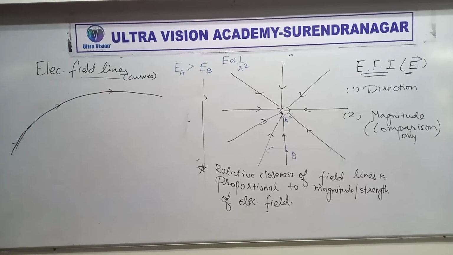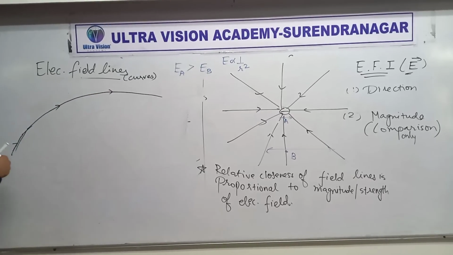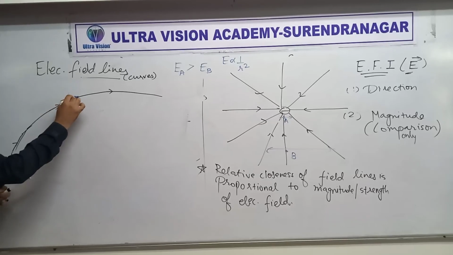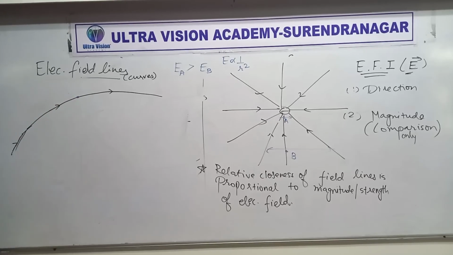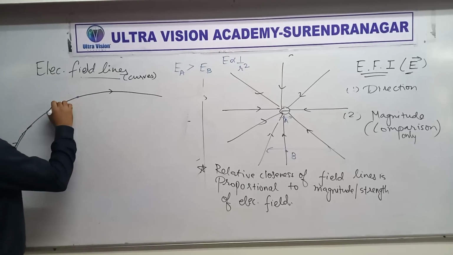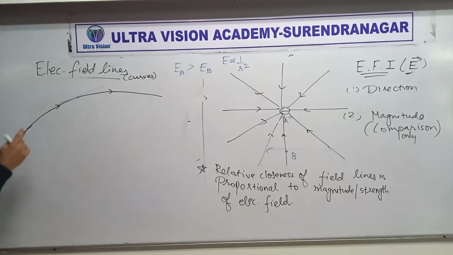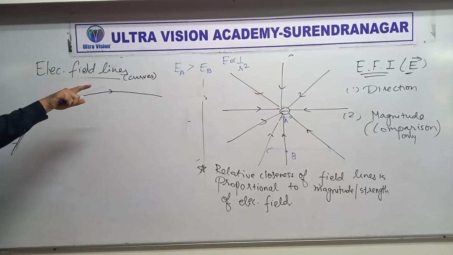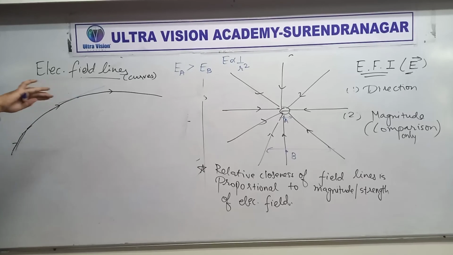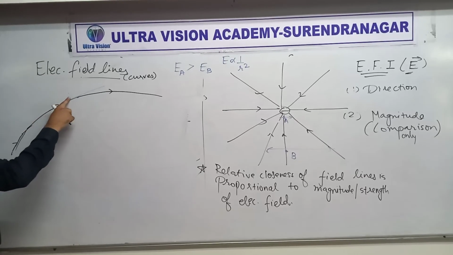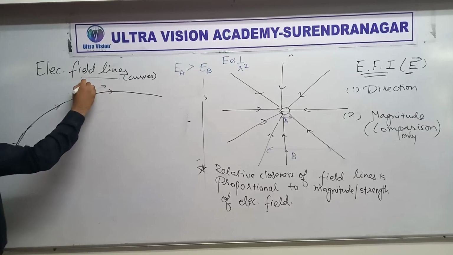The idea is simple. Suppose you want to find out the electric field at this point. Just draw a tangent. But tangent could go this way or that way, correct? Tangent is a line. Line is in both directions. We will choose the arrow direction. Did you understand?